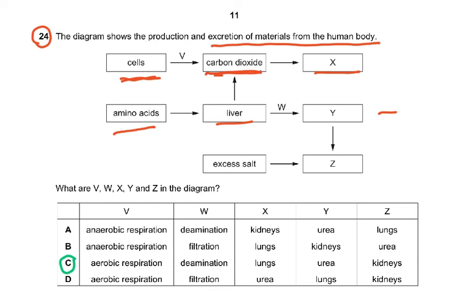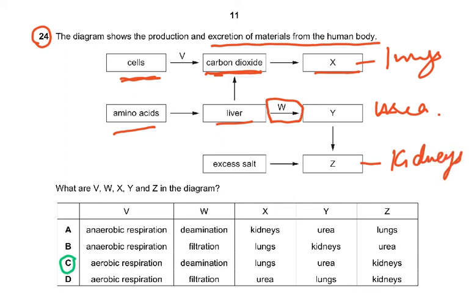Amino acids go to the liver, and W is deamination. X was the lungs, because carbon dioxide is exhaled out of the lungs. Deamination produces Y, urea, because the liver produces urea. And then Z, where the excess salts are also removed, is the kidneys.